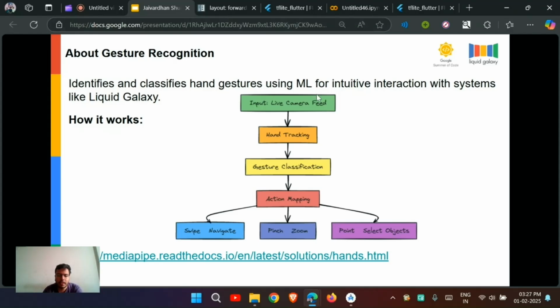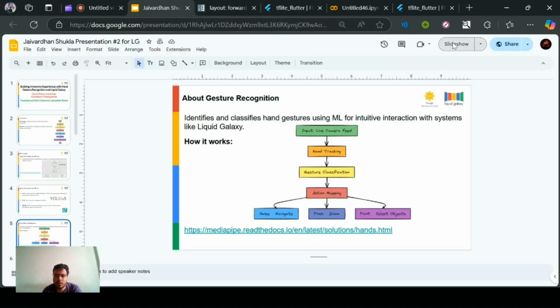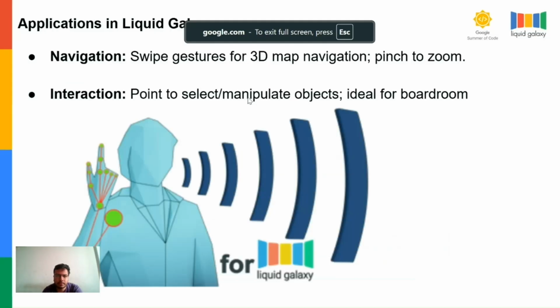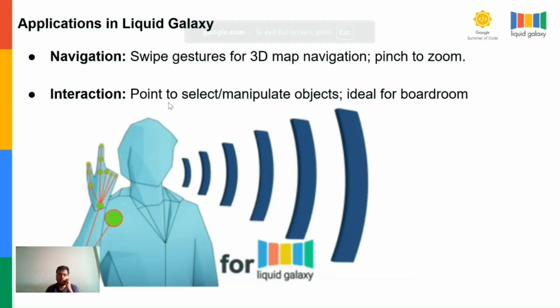The next thing to focus on is the applications of these things in our Liquid Galaxy. We can use them for swipe gestures in 3D map navigation. We can do gestures like these, and Liquid Galaxy would respond accordingly. The other things include pinch to zoom, and point to select and manipulate objects.